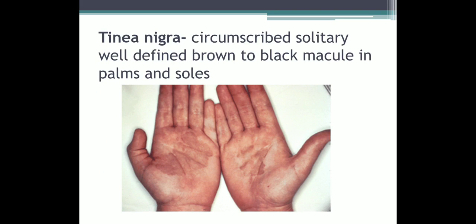The next infection is Tinea nigra. Tinea nigra has an incubation period of 2 to 7 weeks, usually seen on the soles and palms as circumscribed, solitary, 1 to 5 centimeter well-defined brown to black macules or coin-sized lesions.